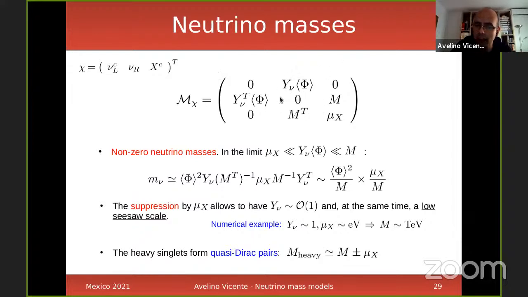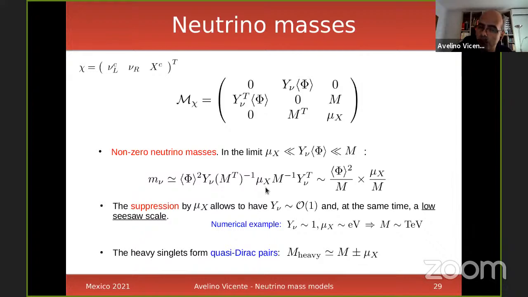So we have these Dirac terms, these m's, which are the Dirac terms between the nu_R and the X, and mu_X is the Majorana mass for X. Now, if I assume that mu_X is much smaller than this term, and this one is much smaller than m, you get, using exactly the same technique as we did for the type 1 seesaw, that the formula for the neutrino masses is given by this. So you get this more complicated combination of matrices that is proportional to mu_X.